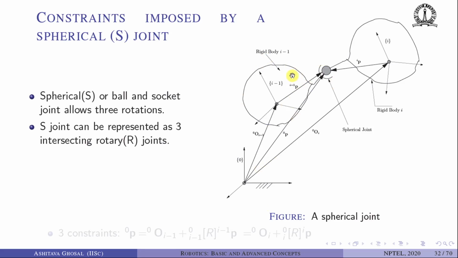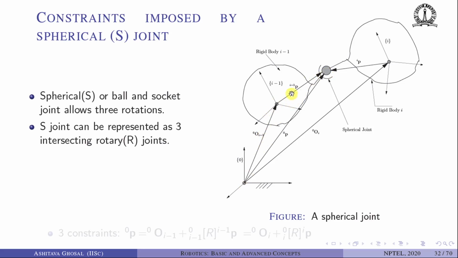So I have a rigid body I minus 1 and a rigid body I, connected by a spherical joint. I can reach the center of the spherical joint, or some point on the spherical joint, first by going to the origin of the ith coordinate system and then from the origin to the center of the spherical joint.